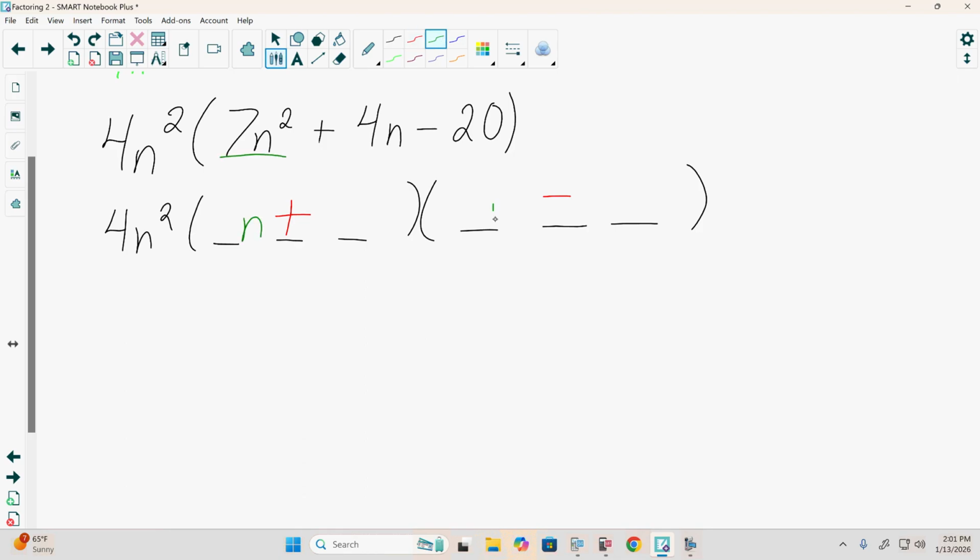Well, the factors of n squared, the only option we have is n and n. Factors of 7 are 1 and 7, so we can just plug that in. Factors of the third term: 1 and 20, 2 and 10, 4 and 5. Which one do we want to try first?